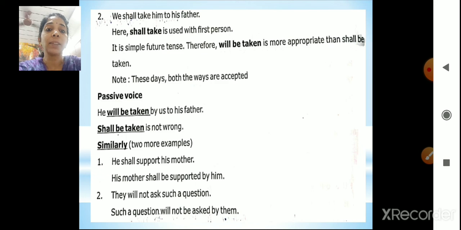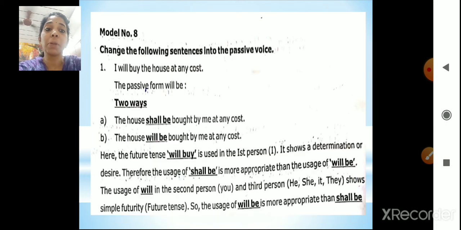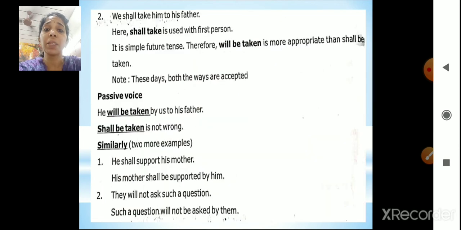Like in this case, what is it? They is a third person. So in the second example, they will not ask such a question. They is in the third person. So when we change it into passive voice, what do we need to use here? Will. So what is the answer here?